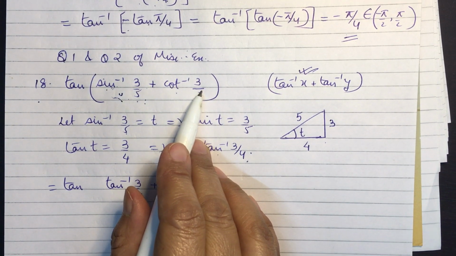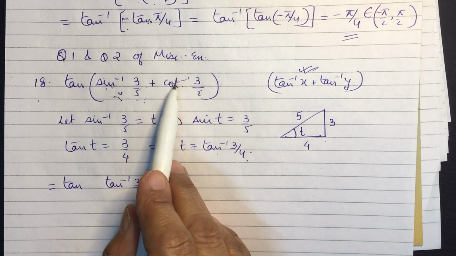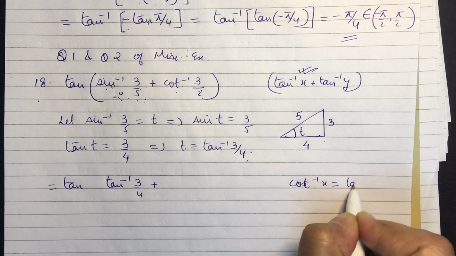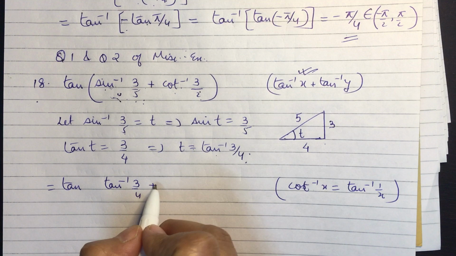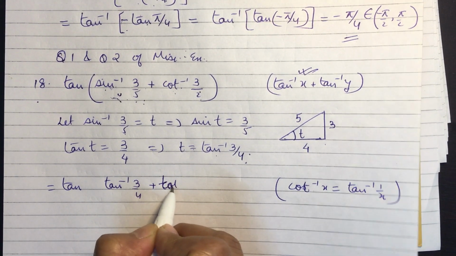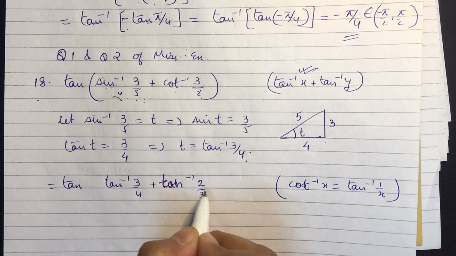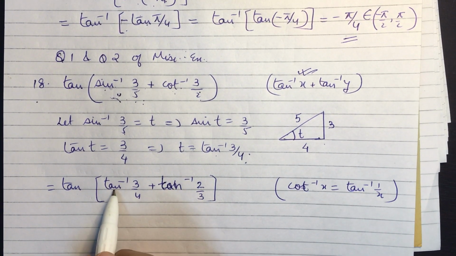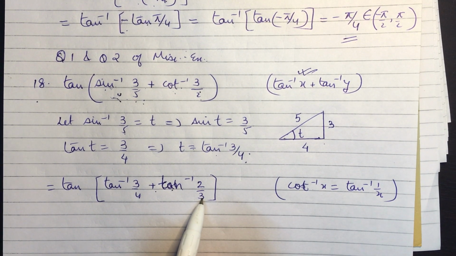Similarly, the other one can be done, but here it is already cot inverse, and we know that cot inverse x is equal to tan inverse 1 upon x. So cot inverse 3 by 2 gets converted to tan inverse 1 upon 3 by 2, which is 2 by 3. So we have got tan of tan inverse 3 by 4 plus tan inverse 2 by 3.